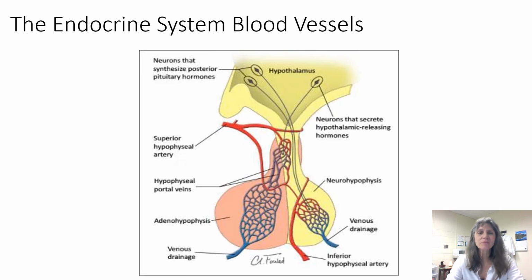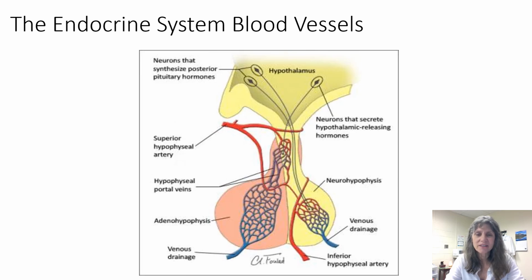I really like this particular picture because it really shows the capillary system where the neurons from the hypothalamus are going to secrete hormones that are going to be picked up by these tiny little capillaries and then go through the hypophyseal portal veins to the adenohypophysis.